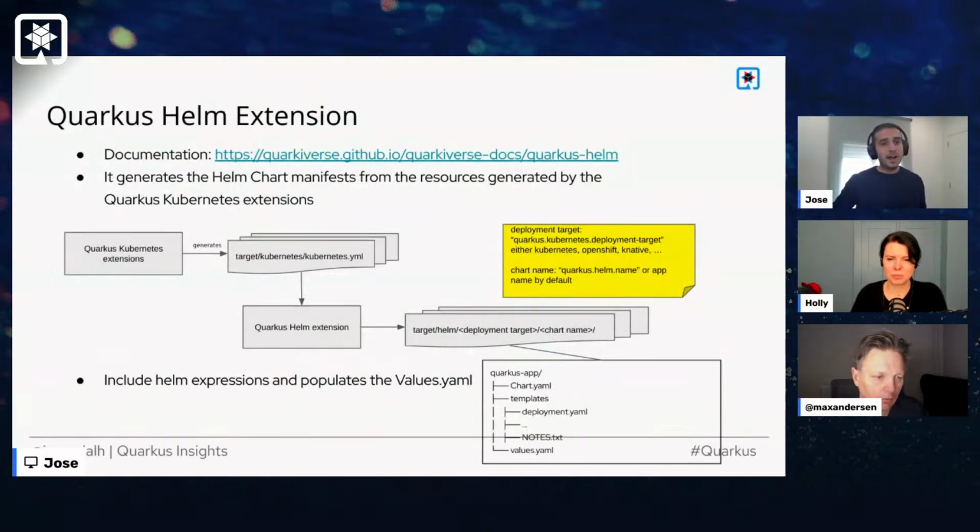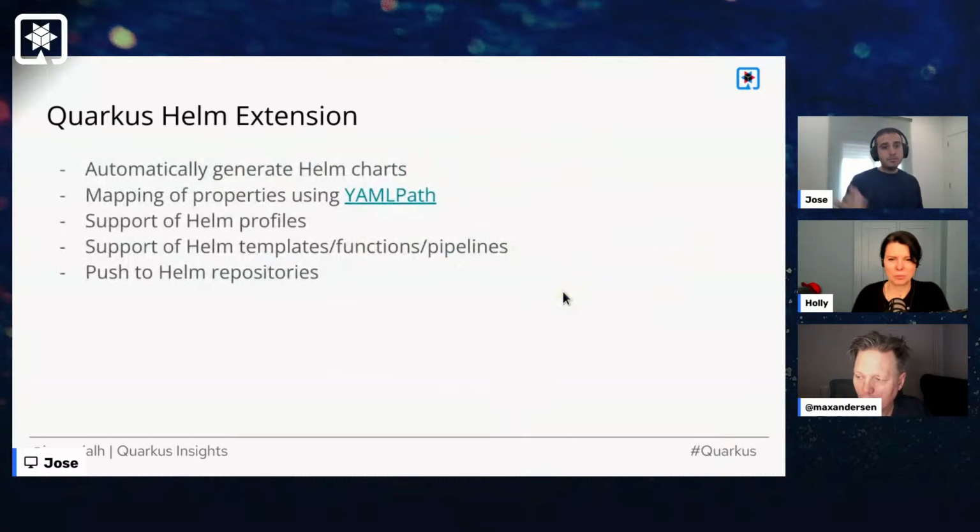And this is a summary slide about what Quarkus Helm is doing. It has as input the artifacts generated by the Quarkus Kubernetes extension, and that's it. To sum up, these are all the features.